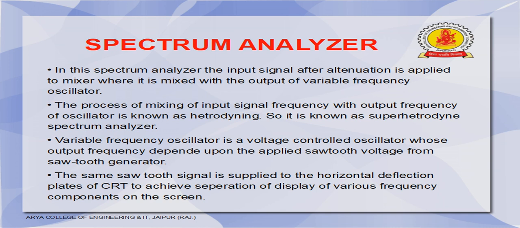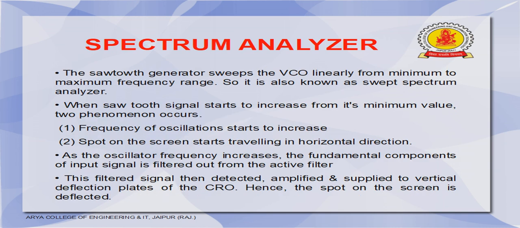When the sawtooth signal starts to increase from its minimum value, two phenomena occur. Firstly, the frequency of oscillation starts to increase, and the spot on the screen starts traveling in the horizontal direction.